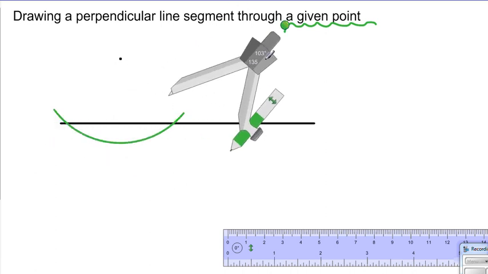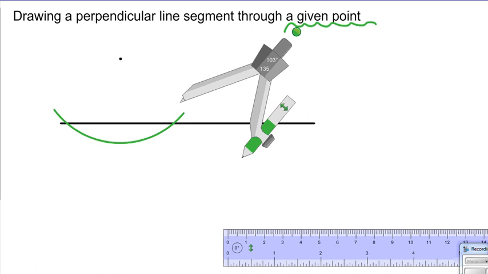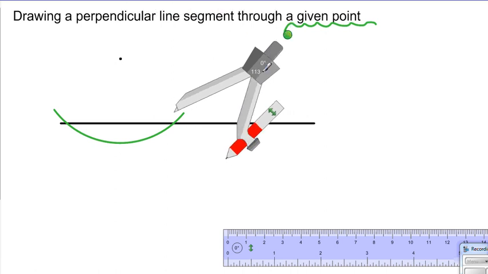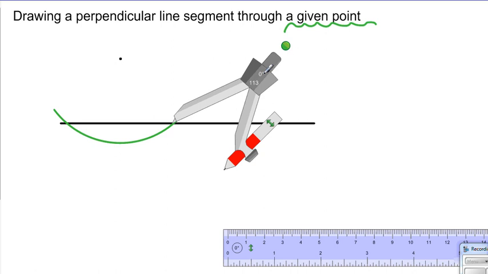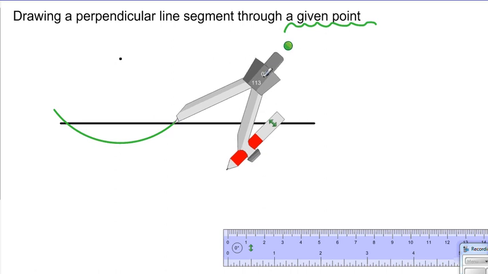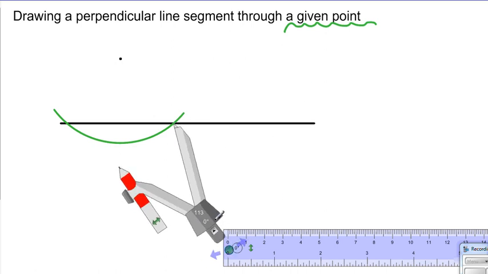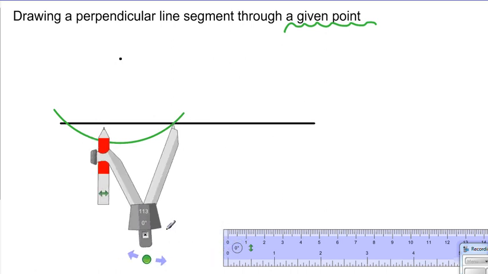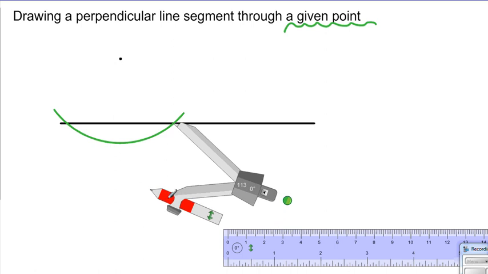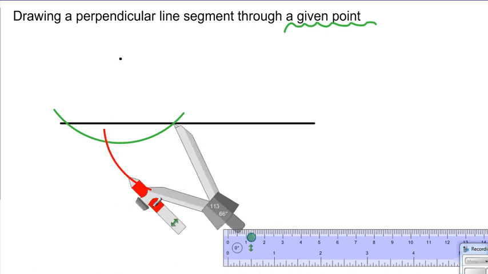All right, now I'm going to repeat what we have done earlier using the red. Coming from here, if I go around, then this would be about halfway. But I can see that I will definitely pass through, so I'm going to go through this way.